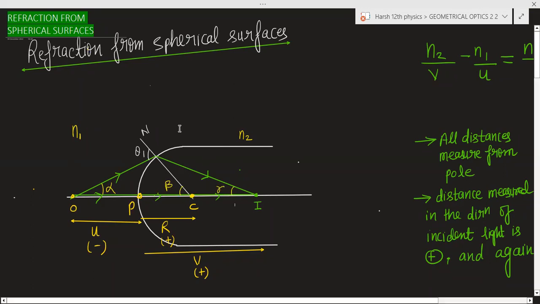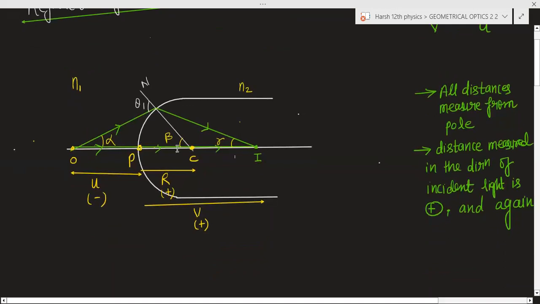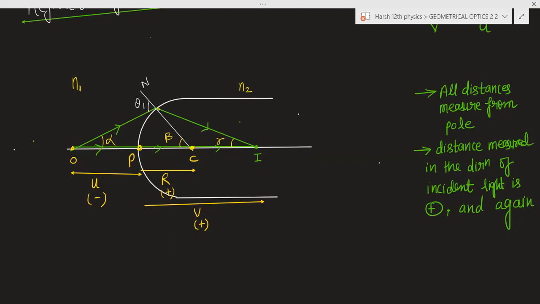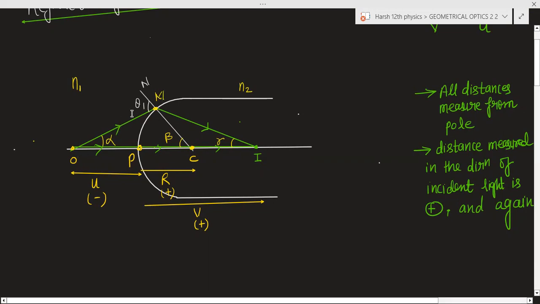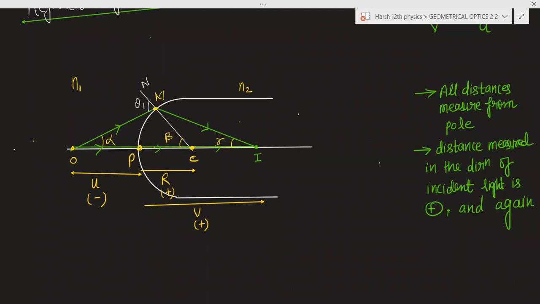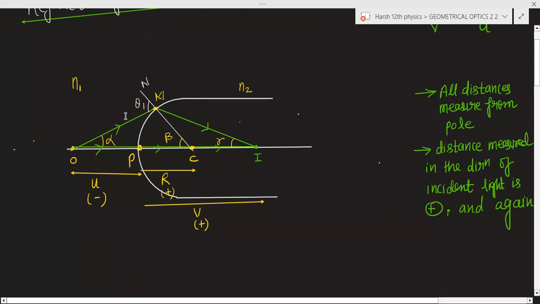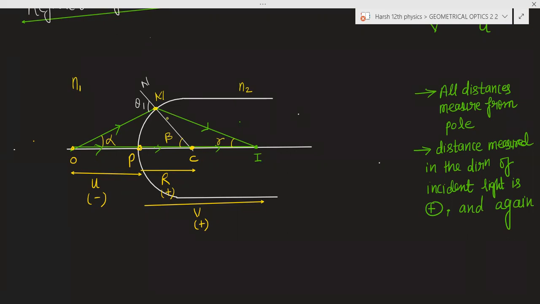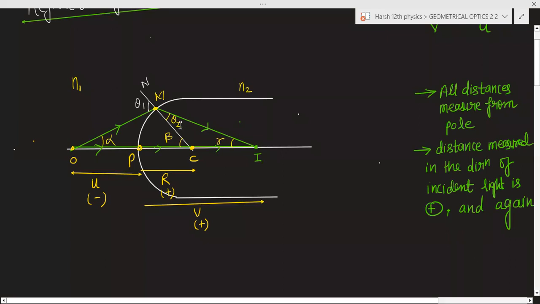Alpha, beta, and gamma. Now from these triangles, suppose this point is M. Triangle O, M, C. This is the angle of incidence, and here this is the refracted ray, and this angle, suppose, is θ2. So θ2 is the angle of refraction.